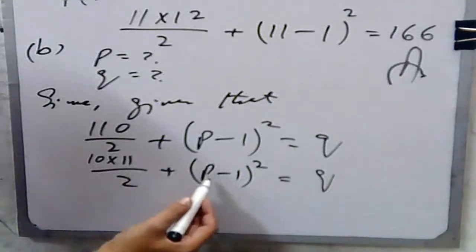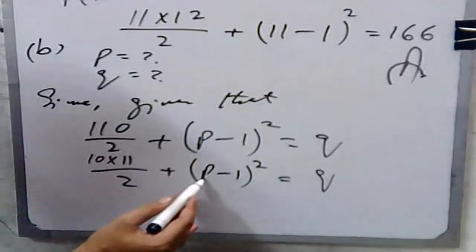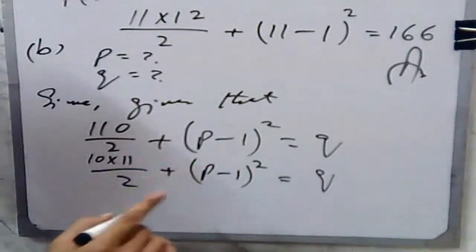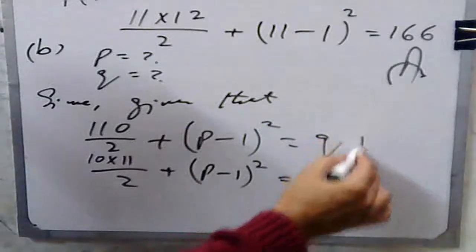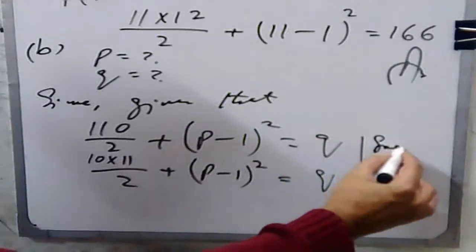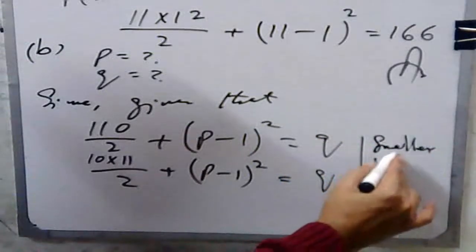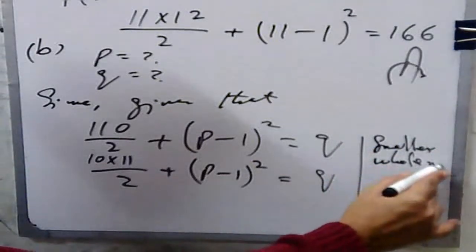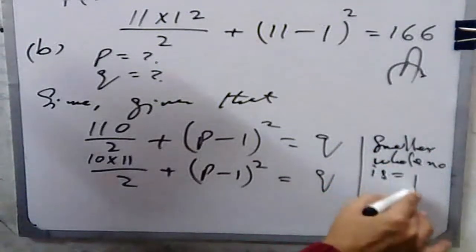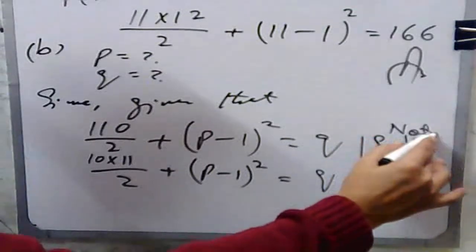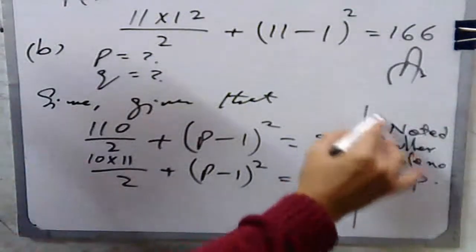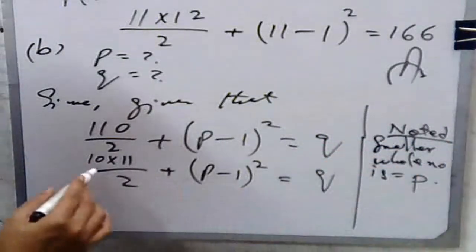It should be noted that the smaller whole number is P. That's why we have taken 10 as P.